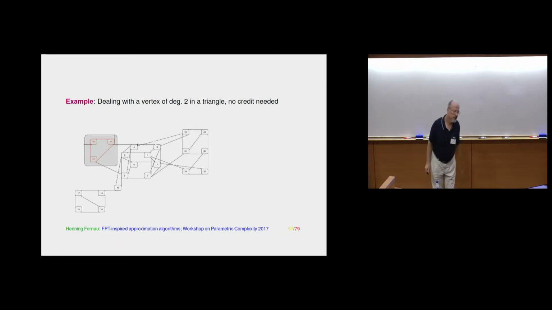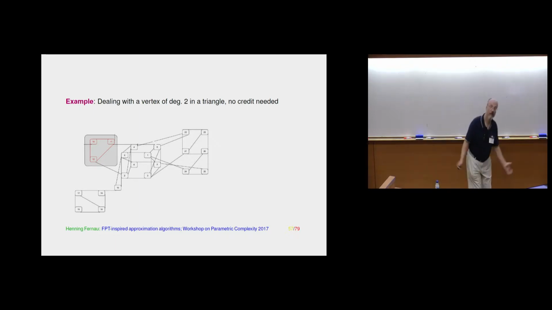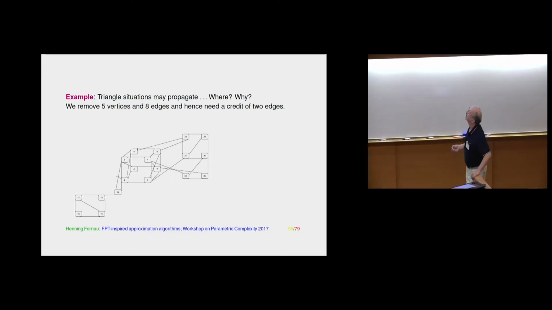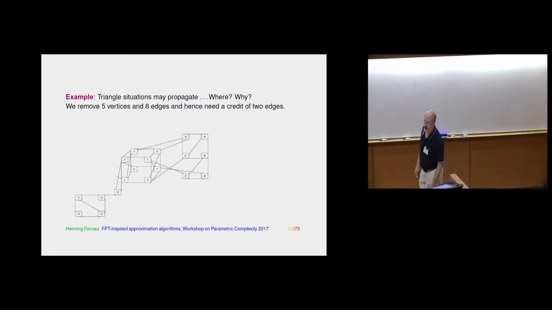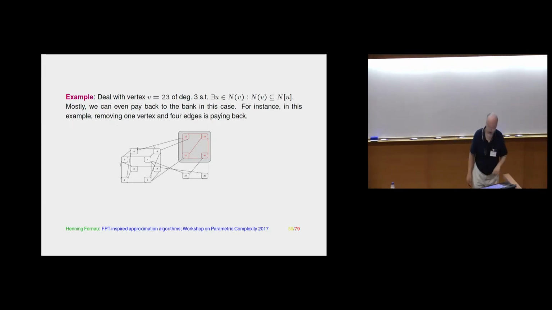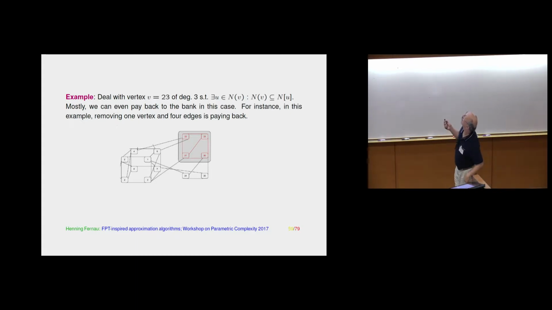So I don't need any credit, but I also cannot pay back at this point. So what about this propagation thingy? What did I say? I delete 5 vertices and 8 edges. So 2 edges are missing, I need a credit here. And in this case, I'm taking out 1 vertex only and delete 4 incident edges.